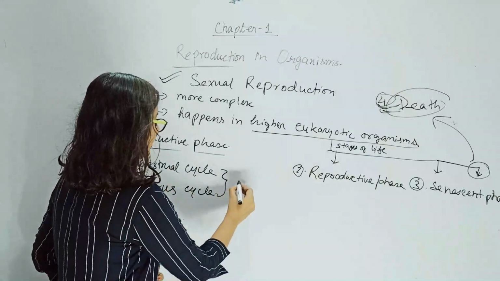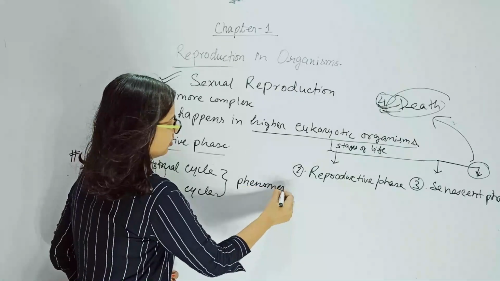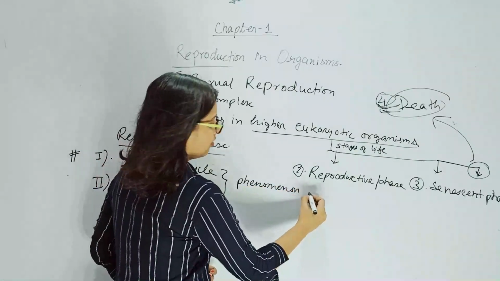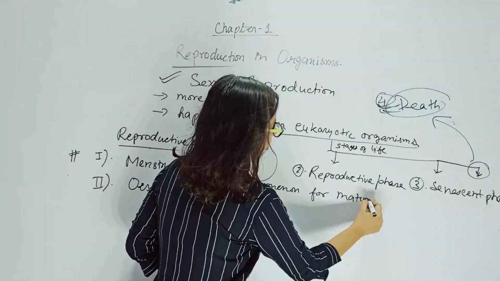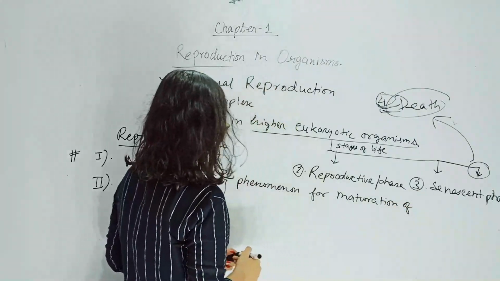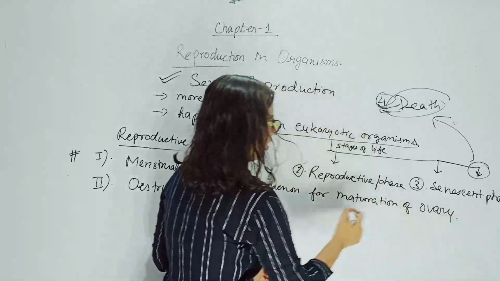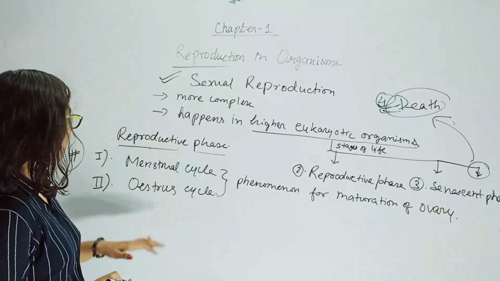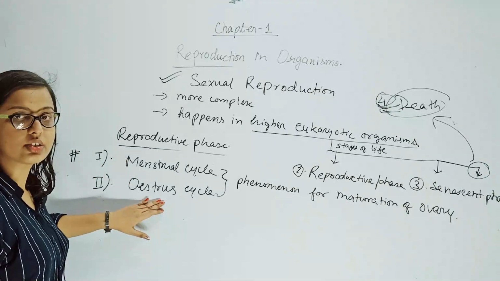They are the phenomena for maturation of the ovary. When the ovary is maturing, it will undergo either the menstrual cycle or the estrous cycle.